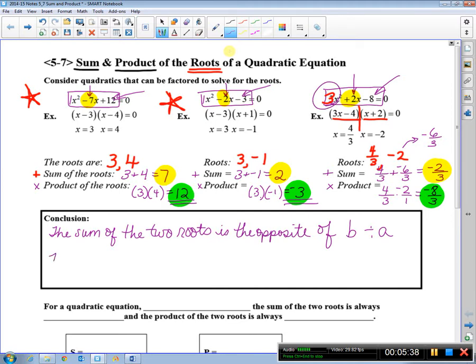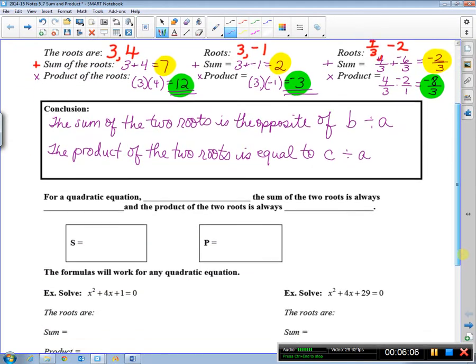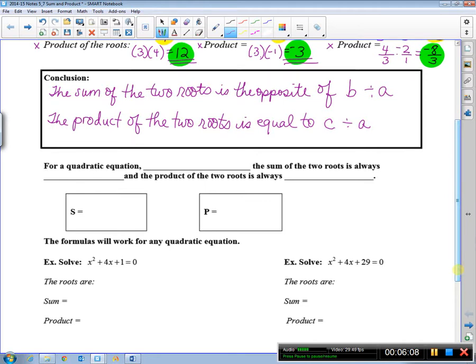So our conclusion is the product of the roots is the last term divided by A, or is equal to C divided by A. That's actually going to work for every quadratic.